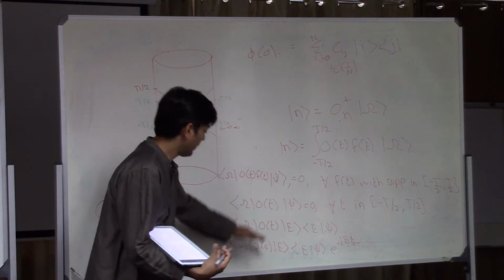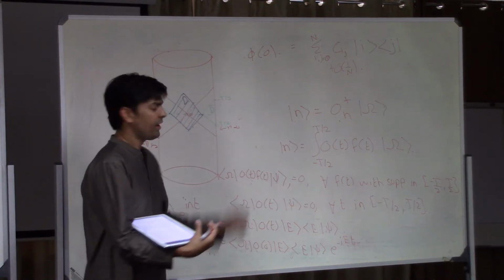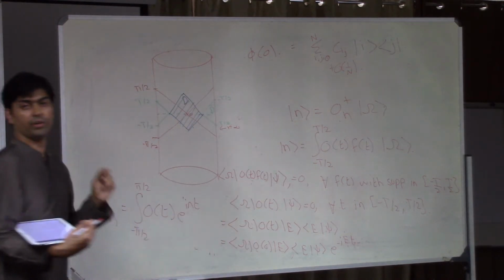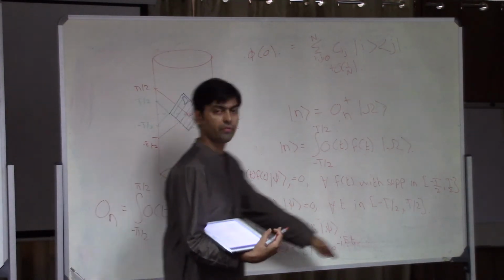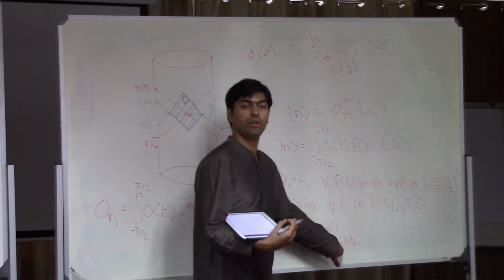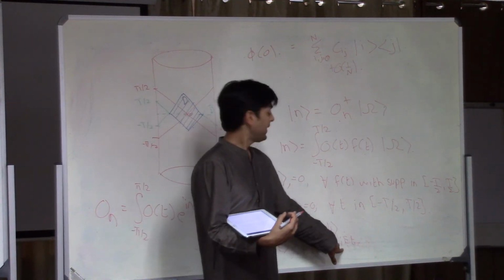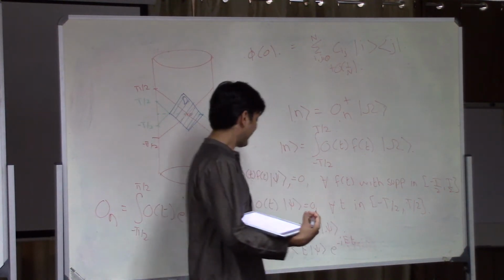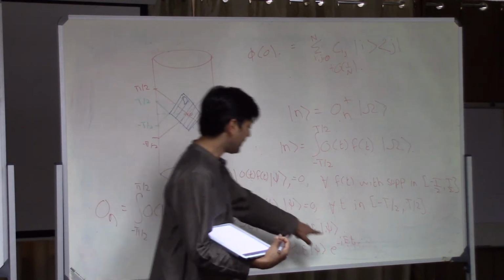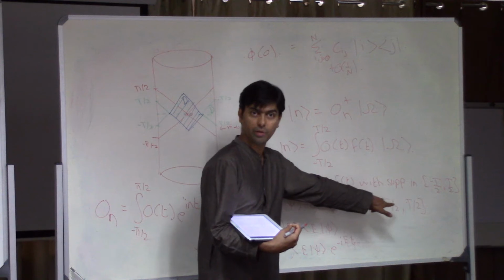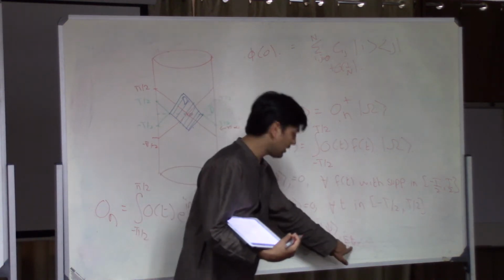So I've just taken this and I've expanded it out in a complete basis of states, and I've used the positivity of the Hamiltonian. So the ground state has 0 energy and everything else has positive energy. So the only energies that appear here are positive energies. If this is the case, then this function of t, which is 0 for t from minus pi by 2 to pi by 2, is also analytic in the lower half plane.